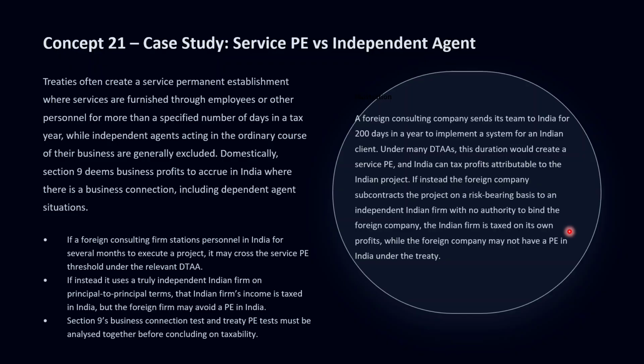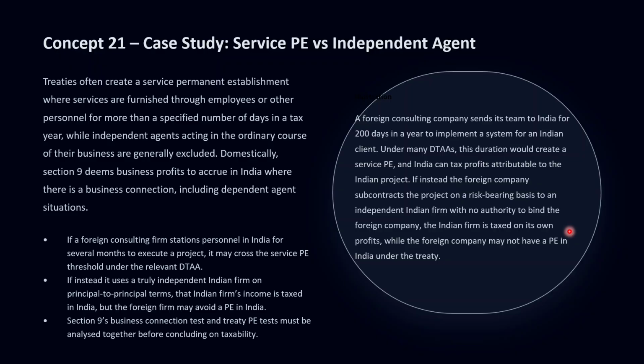So we will walk through 10 case study style concepts here, applying these provisions to real life fact patterns, things like service PE versus independent agent, construction PE, digital significant economic presence, indirect transfers, foreign tax credit, GAAR versus LOB provisions, CbC reporting, etc. So let's start with concept number 21.